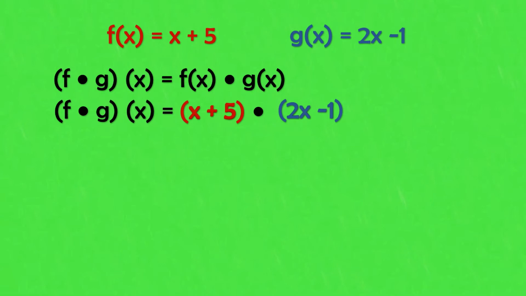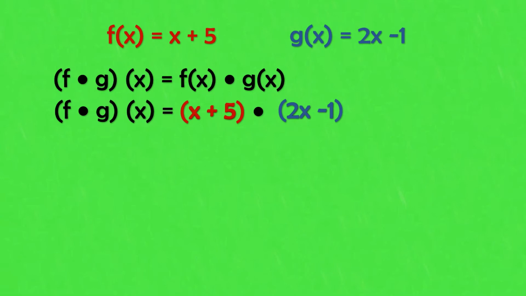Following the rule on multiplying the algebraic expressions, specifically in multiplying binomials, we can simply use the application of the FOIL method. First, outer, inner, and last.